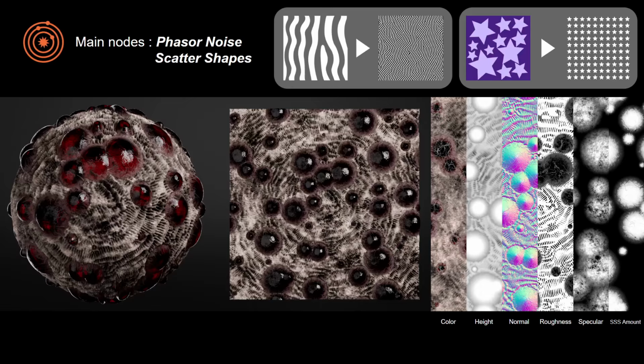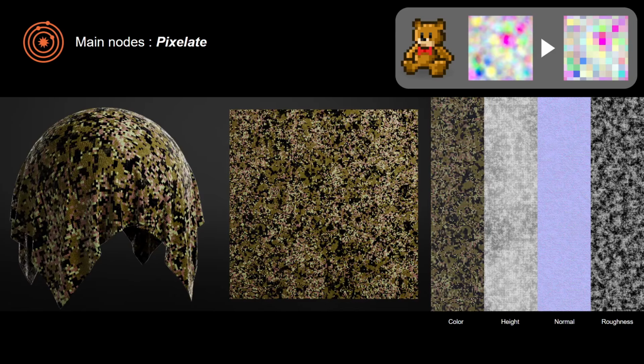And in this organic example, I used two phasor noise to make these bone-like shapes, and to spread out these blood sacs, I used scatter shapes. And in this military pattern, the first coloring was done by fractal noise and the mono to RGB node, and then I applied pixelate to make a quantized pattern.